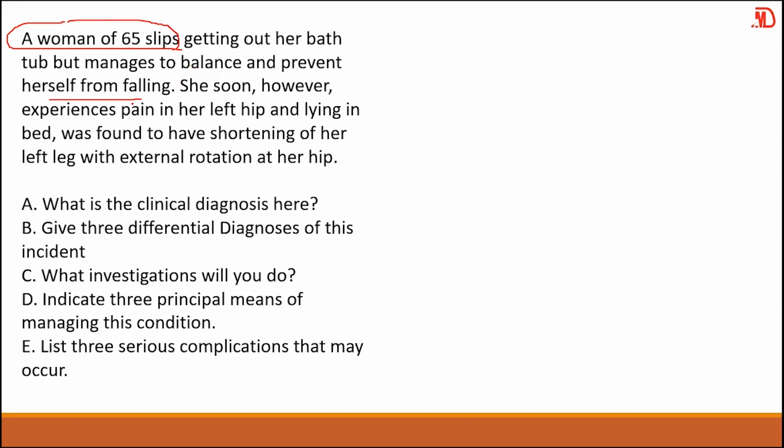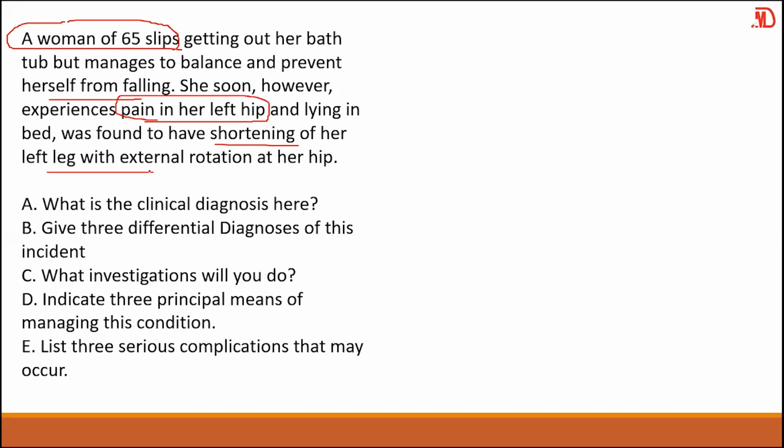Good. And it occurred after falling. Now look at it. She soon, however, experiences pain in her right hip. There is pain when lying in bed. There was also what? Shortening of her left leg with external rotation at her hip.